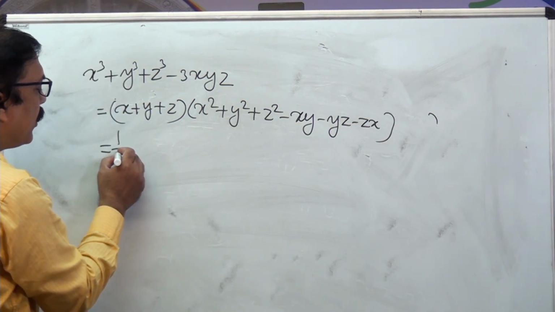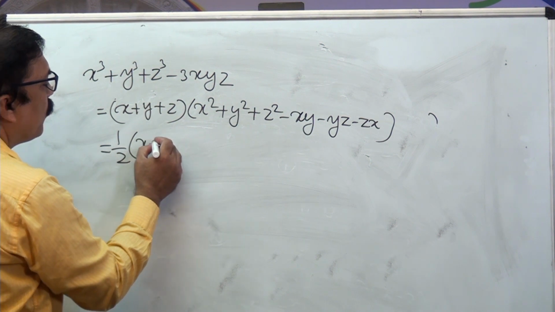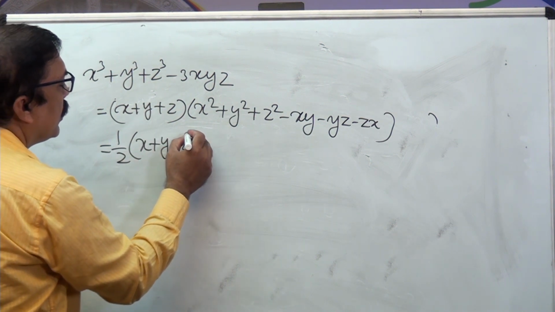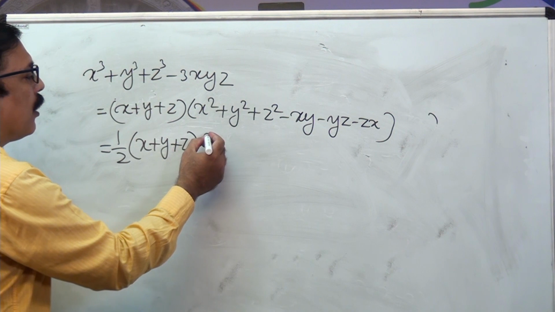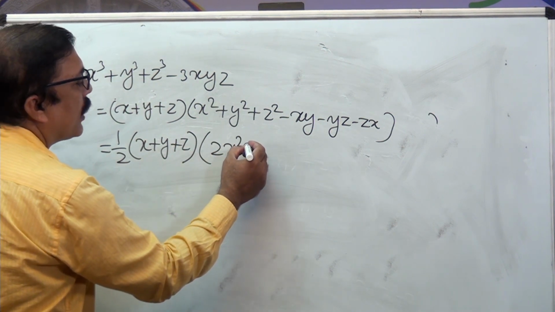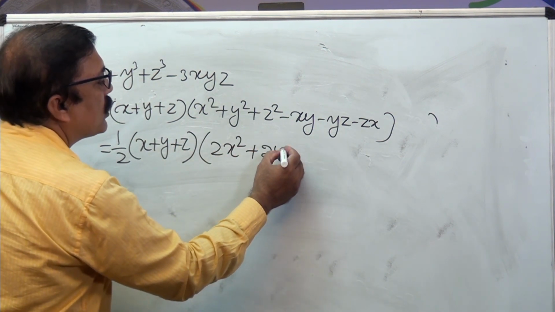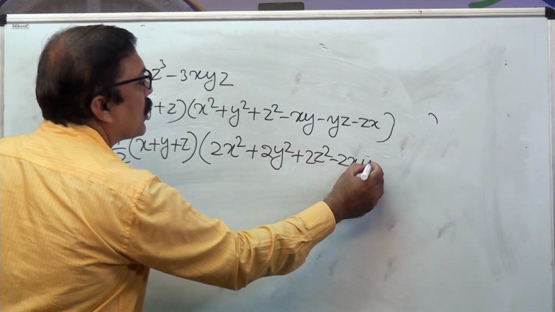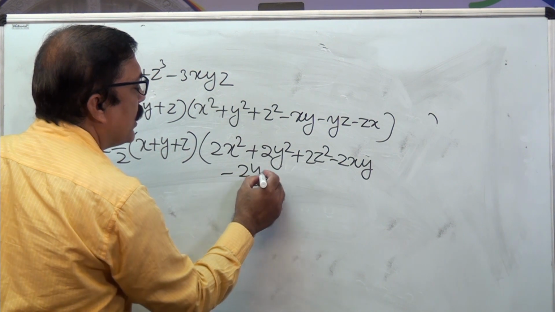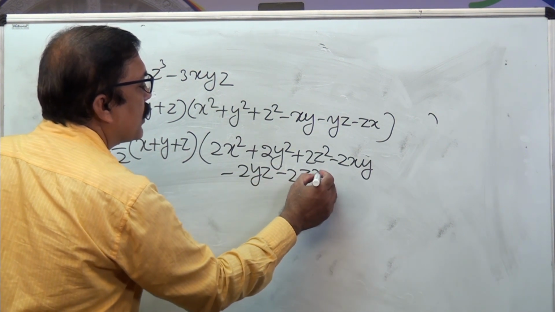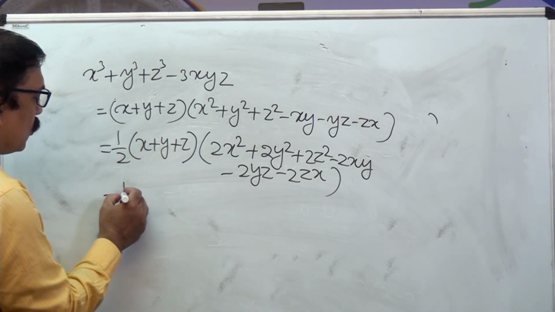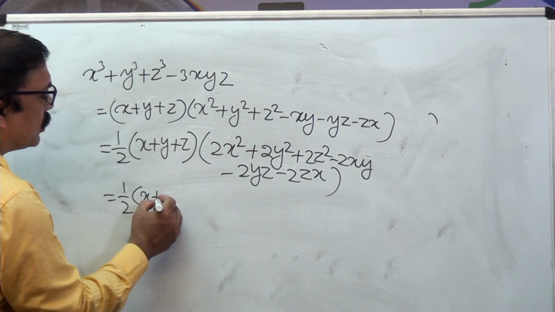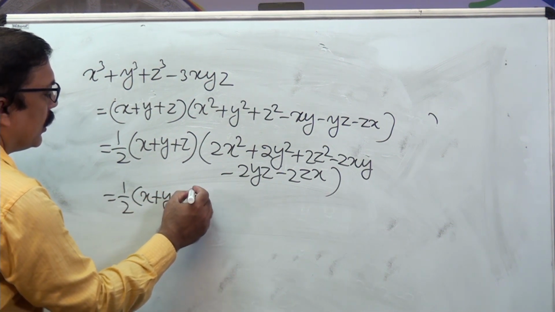If we divide it by 2 and multiply 2 in the second factor, then we get 2x square plus 2y square plus 2z square minus 2xy minus 2yz minus 2zx. So 1 by 2 into x plus y plus z.